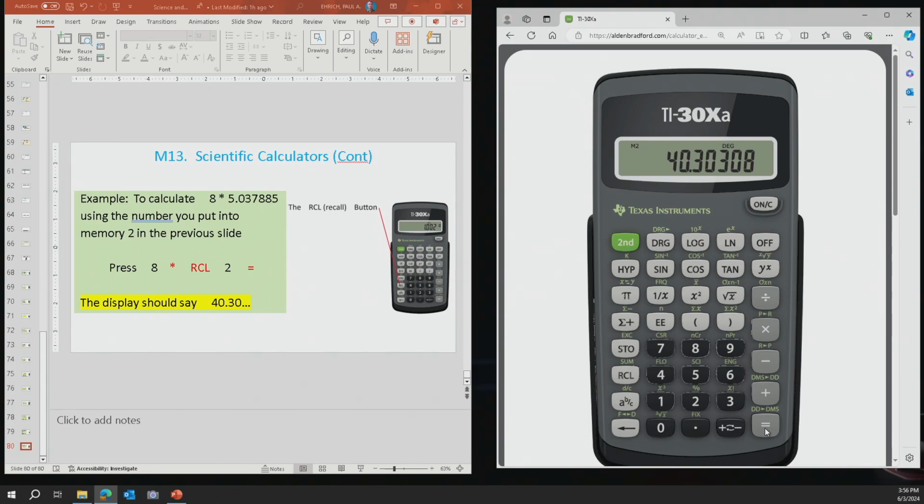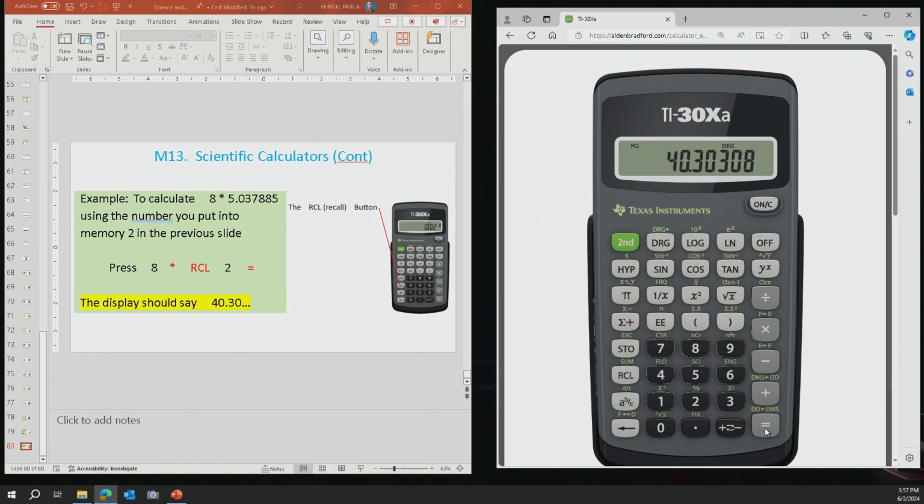Whereas this way, all you've got to do is hit 8 recall memory 2 equals, 3.7 recall memory 2 equals, 2.5 recall memory 2 equals. It's much easier to do it this way by taking this big nasty number and putting it into the memory of your calculator.